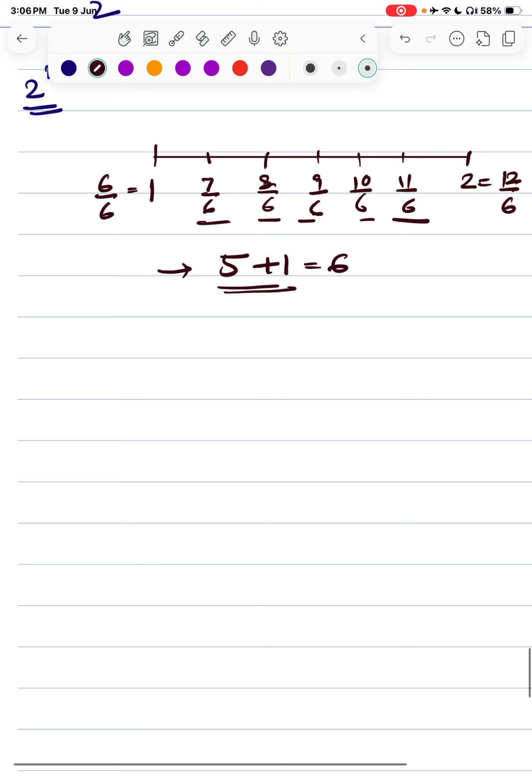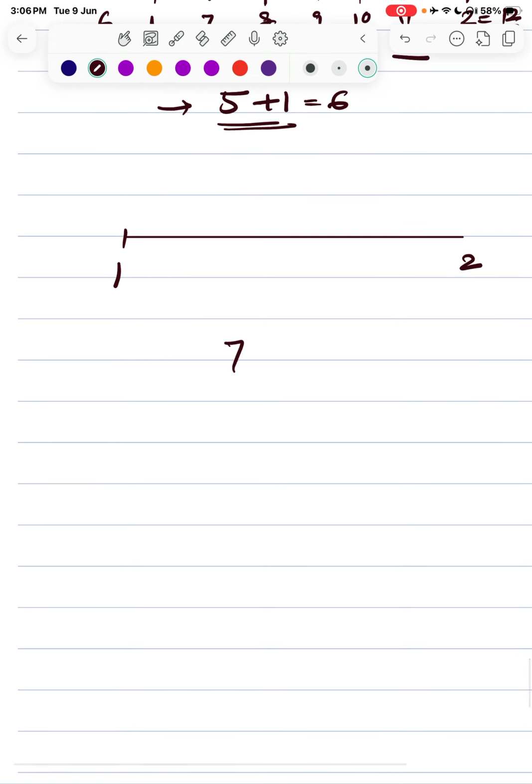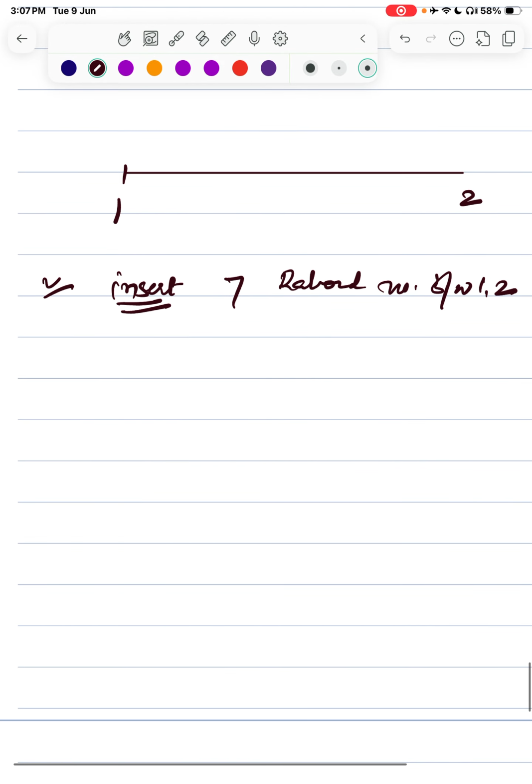So again, let me just recreate this question and ask you to insert seven rational numbers between one and two. So we all know the answer will not be unique, right? It may vary because there are infinite rational numbers between one and two.